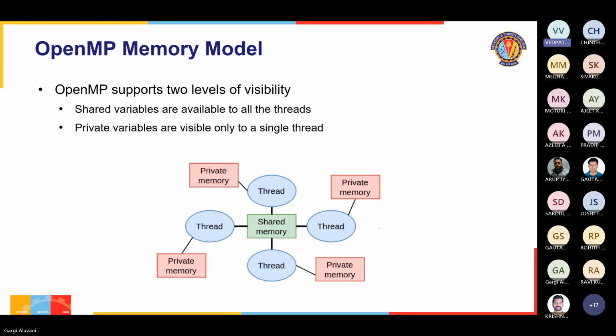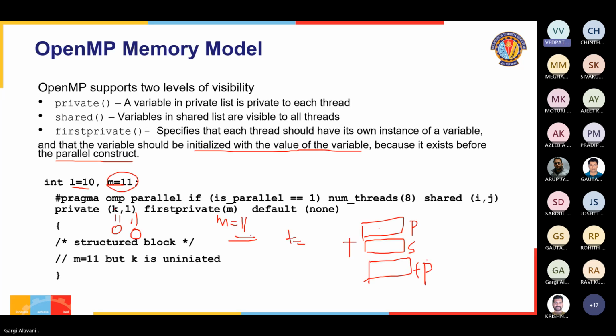The example which we saw on the next slide, can you please come to the next slide, ma'am? Variables L and M are both private variables, by virtue of which every thread will have its own copy. The difference between first private and private is the initialization value. L is going to be initialized to 0 just because we said it is a private variable, so by default it will get initialized to 0.